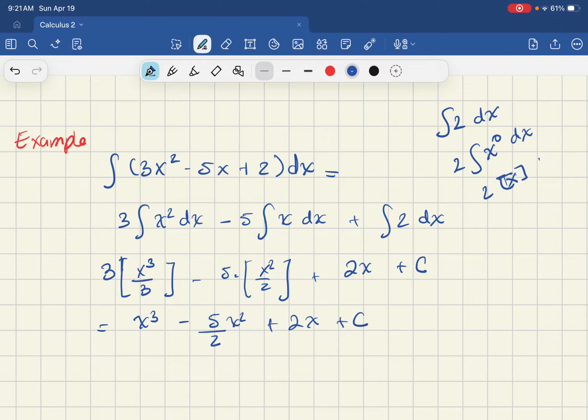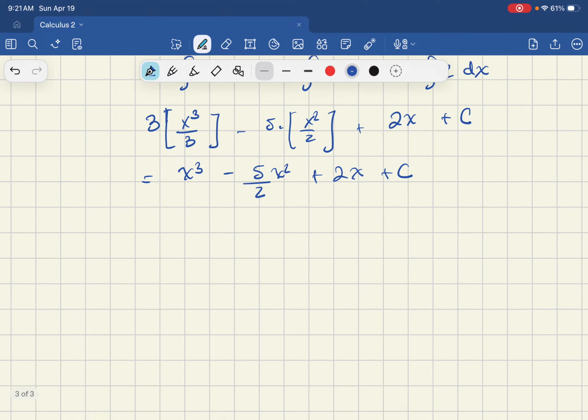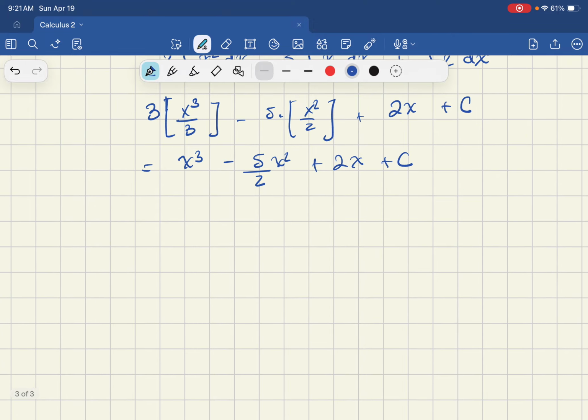Now let's do a quick application on how you would find this in an actual problem. So let's do an example with applications. We'll connect this to something that you actually find in your field. So let's set up the example right here.